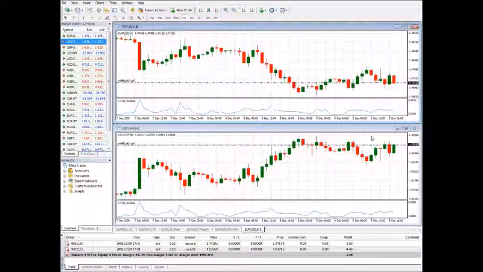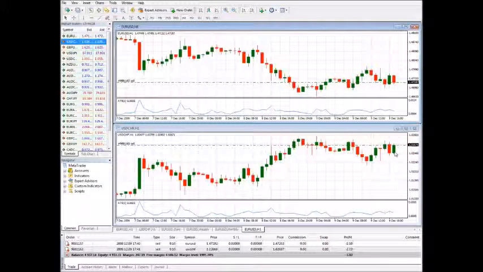Another way to do it, rather than looking for the combination of the two to move into positive territory, is you can simply leave your short trade on, and when your short trade down here moves into positive territory, you could have a simple profit target, say 20 pips.